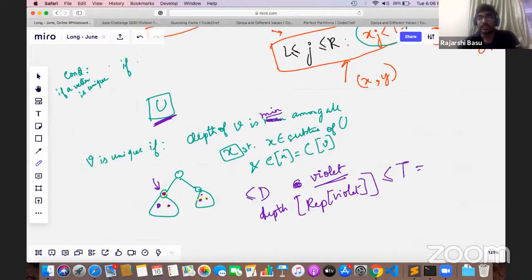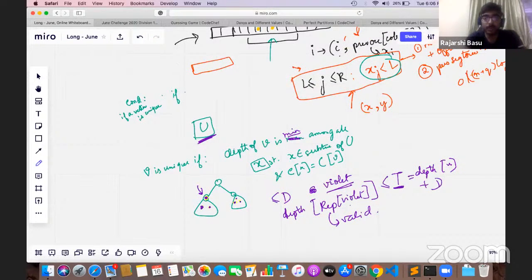What is this t? t is basically depth of U plus D. So if the depth of the representative of violet in your subtree is less than or equal to this t, that means it's a valid node. That means this representative is valid. If it's not, then it's not valid.